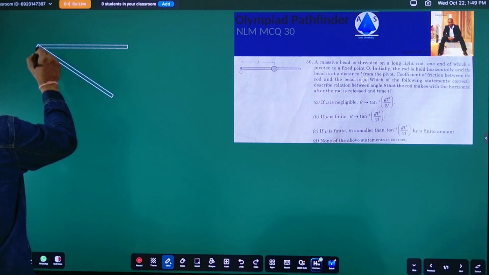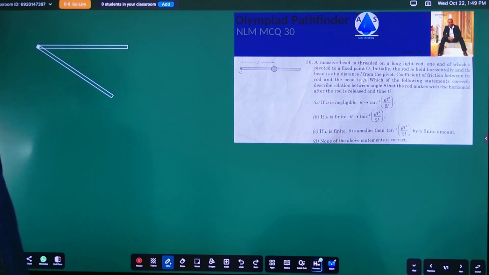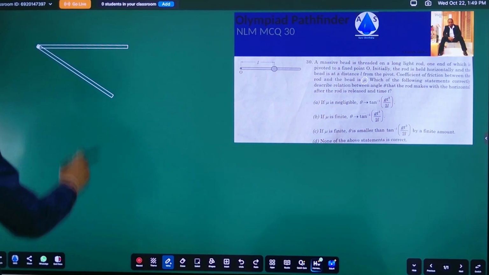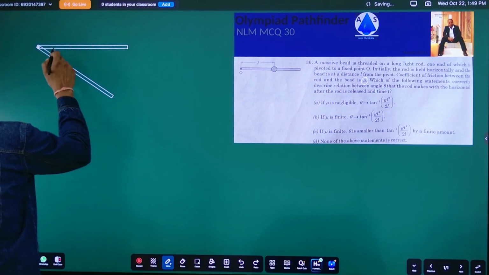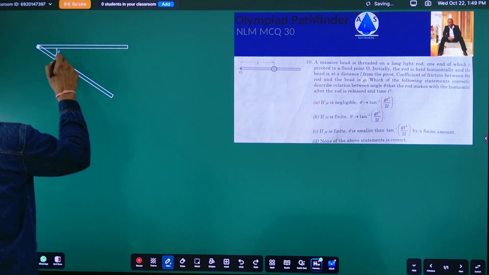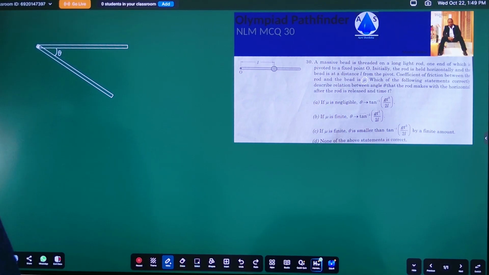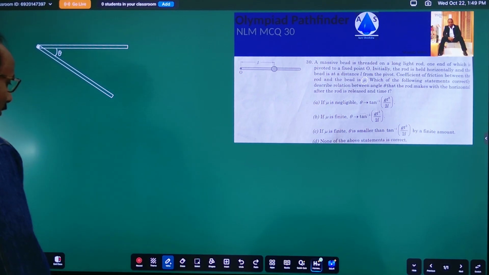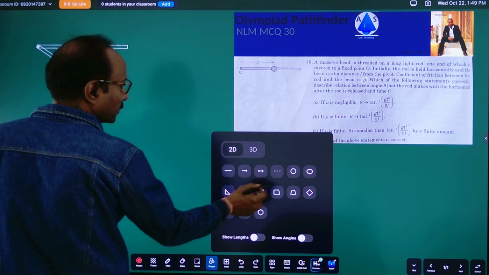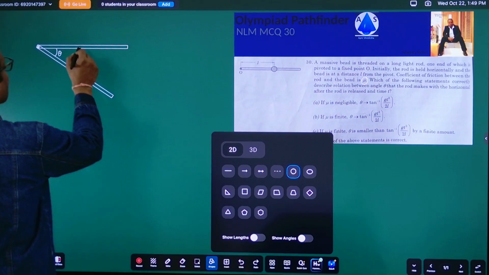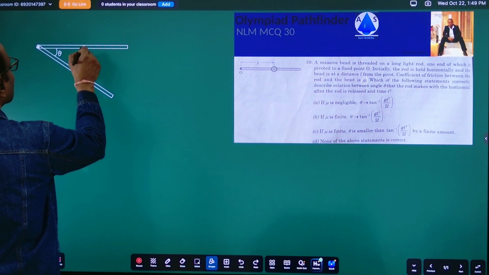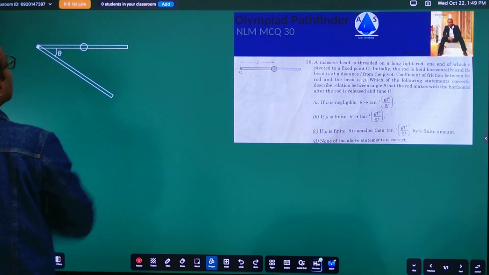The pivot point is here. So when it takes this position, it is making an angle theta with the horizontal. Initially, the bead was here.